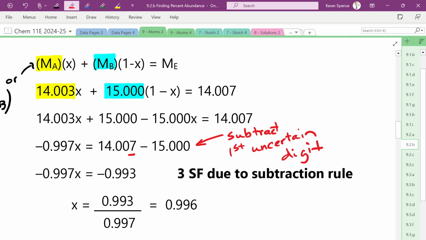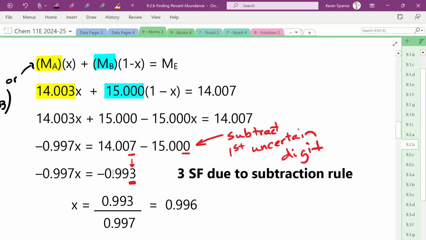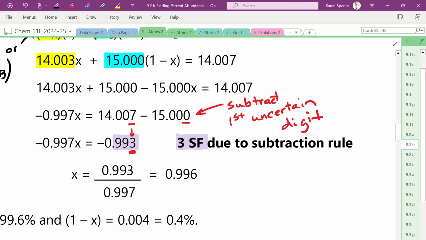The last 0. That is in the thousandths position. So our uncertain digit is in the thousandths position, which means how many sig figs do we have in our final number? 3 sig figs. Yeah? And that means when we're done, we can only have 3 sig figs. So there we go, and we get 0.996.